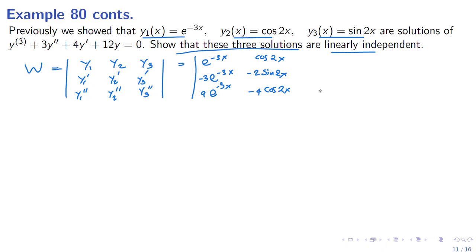The third column starts with sine 2x, its derivative is 2 cosine 2x, and its derivative is minus 4 sine 2x. You need to find this determinant, and I know you know how to find the derivatives. That is quite a long process.